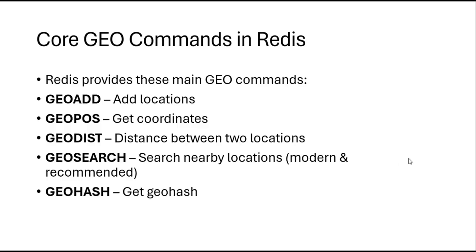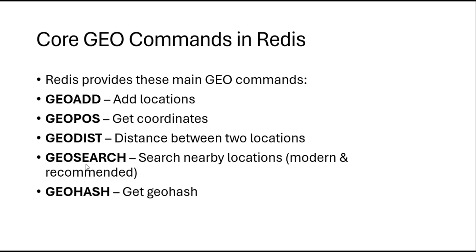So these are some core geo commands which are used in Redis. So these are the main ones. GEOADD is used to add the locations, the latitude and longitude. GEOPOS is to get those coordinates, which is nothing but the latitude and longitude. GEODIST can be used to calculate the distance between two locations which you added.